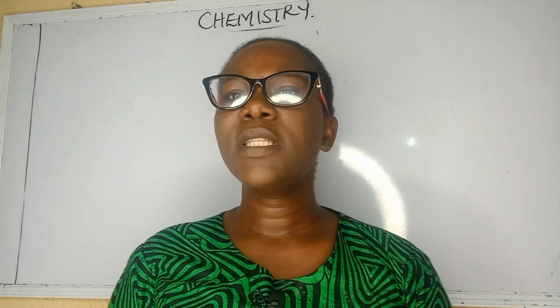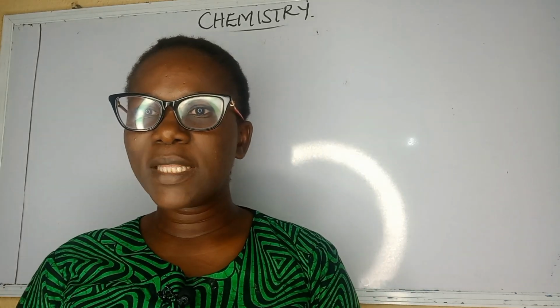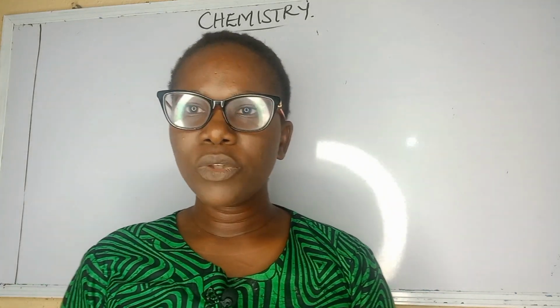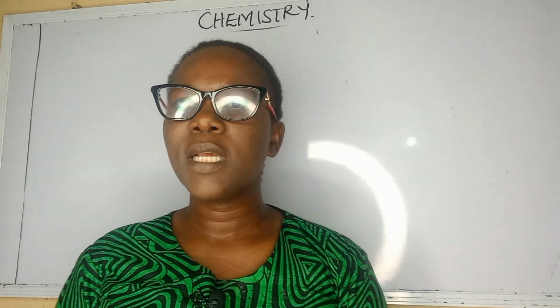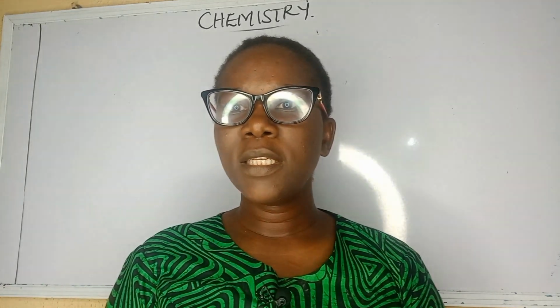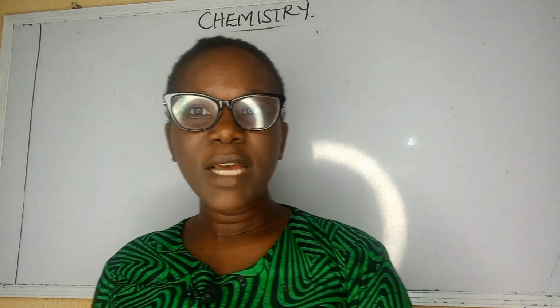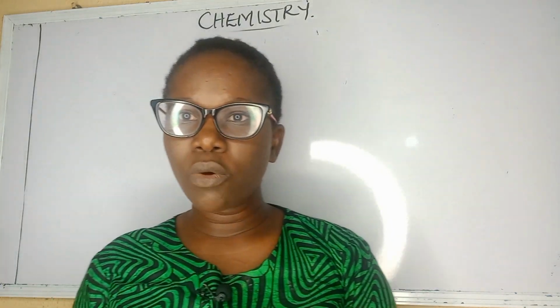So when we use different techniques to analyze or to detect the presence of positive ions and negative ions in a compound or salt, then that is qualitative analysis. And in qualitative analysis, we have some reagents or chemicals that are usually used. You will see that anytime you are given instructions or questions.